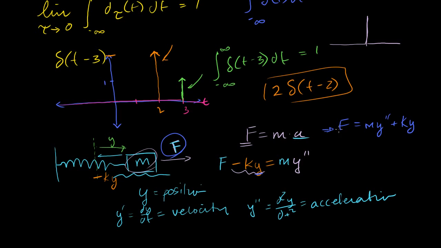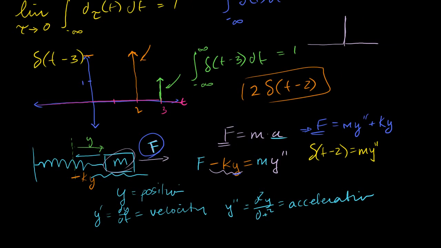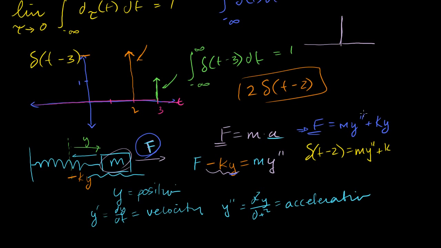So if you had no outside force, if this was 0, you'd have a homogeneous differential equation. And in that case, the spring would just start moving on its own. But now this F is the non-homogeneous term, it's the outside force you're applying to this mass. So if this outside force was some type of Dirac delta function, so let's say delta of t minus 2 is equal to our mass times y prime prime plus our spring constant times y.